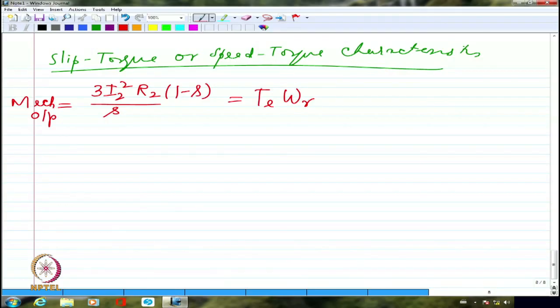Now we also said (omega S minus omega R) divided by omega S is slip.